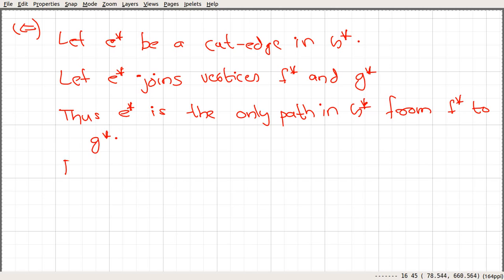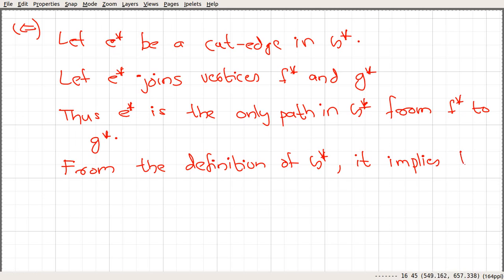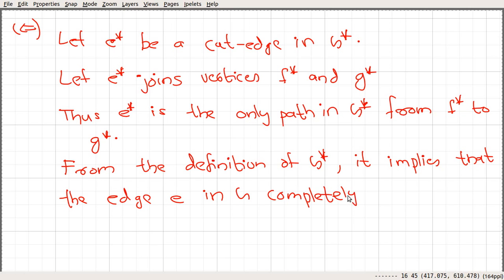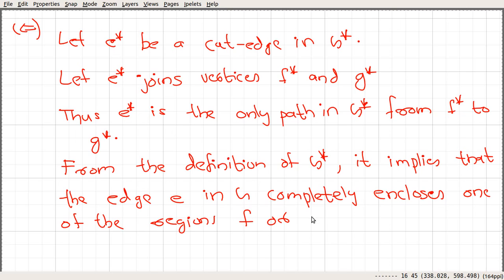So very easily we can see that from the definition of G star, it implies that the edge E in G completely encloses one of the regions, F or G, corresponding to this F star and G star in our dual graph.